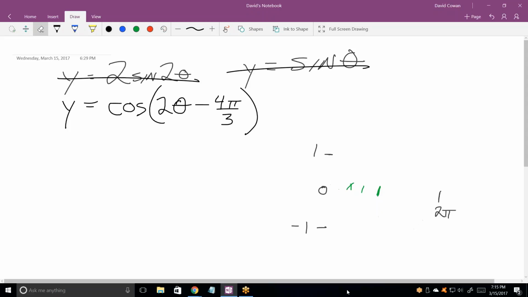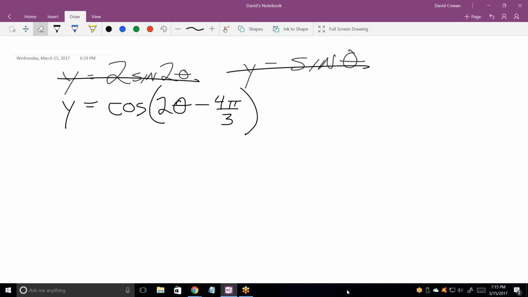And it makes a big difference, actually. Here's the reason. And maybe this has to do with why they teach it differently. This normally would be the phase shift, but in this case it's not.